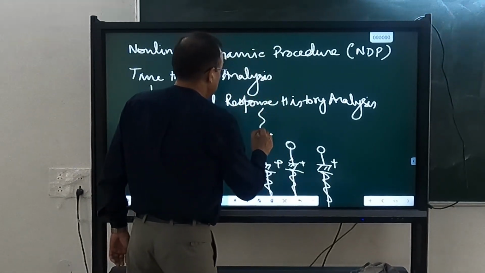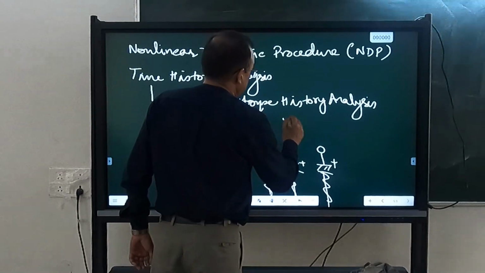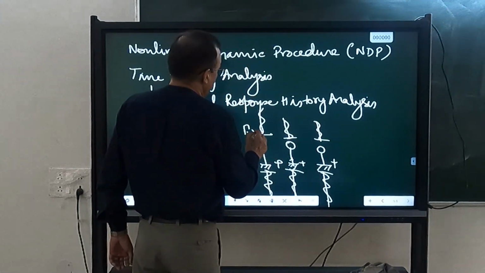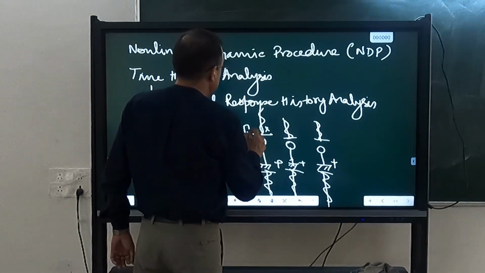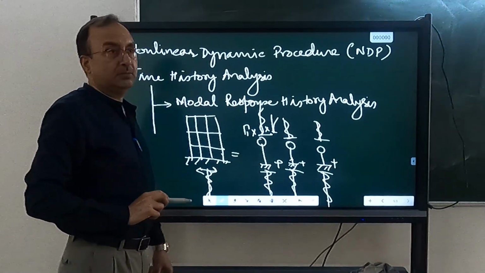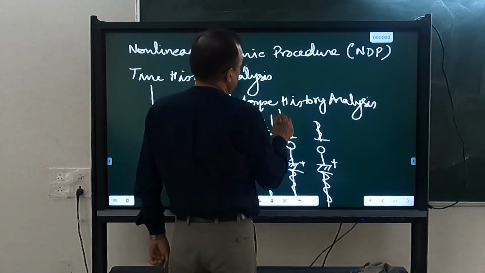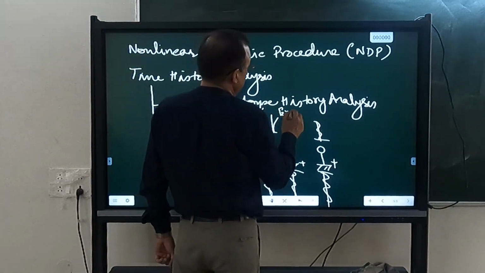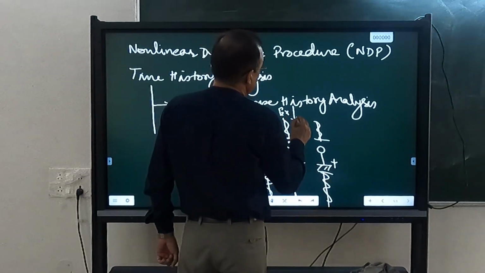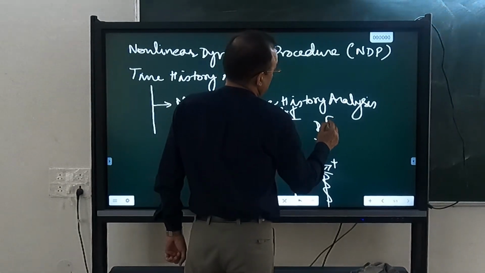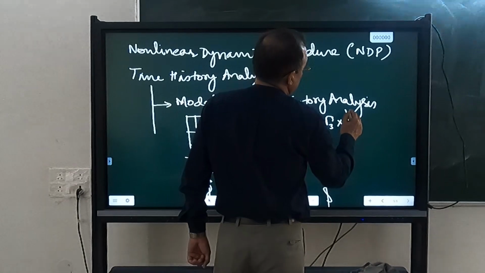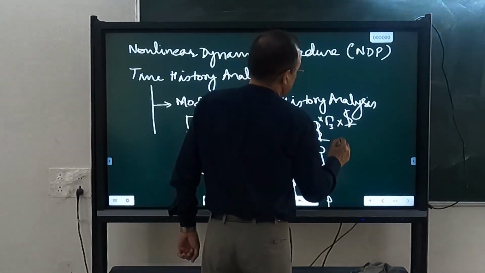So we were obtaining these responses, and these responses we were multiplying by the corresponding mode shape into modal participation factor, then gamma 2 into second mode, gamma 3 into third, and so on.